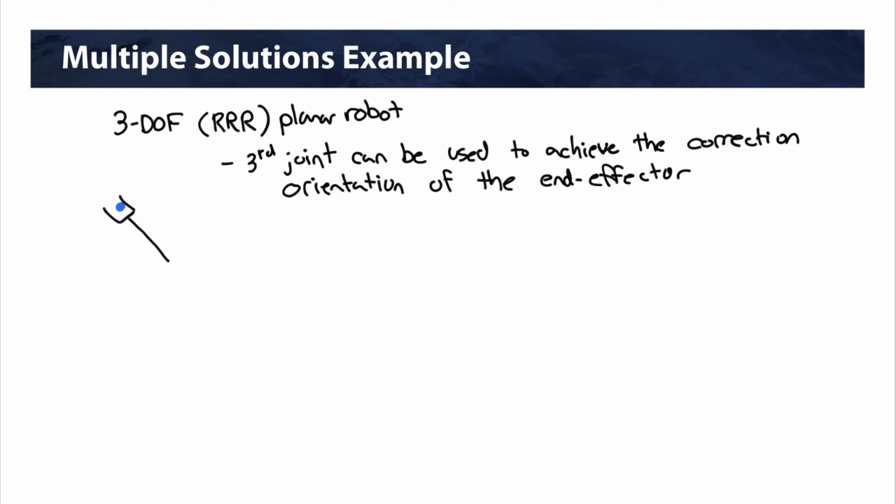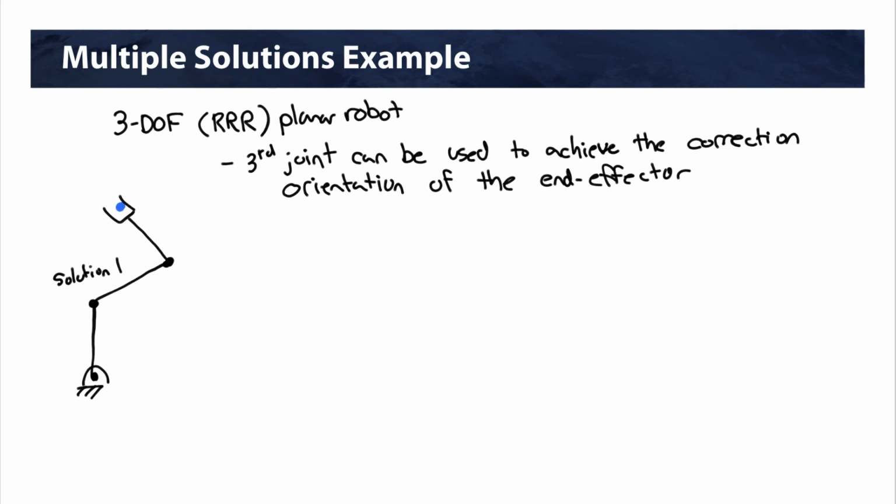If we were to draw our base pin, we now have links 1 and 2 to deal with. We could have link 1 go this way and link 2 go that way. That would be one solution, so we'll call that solution 1.